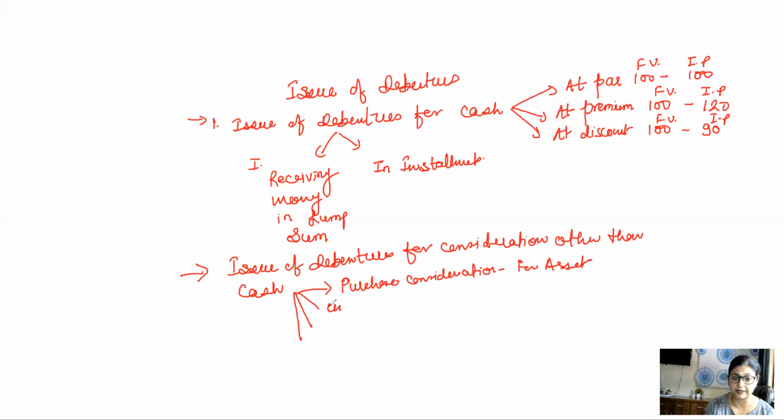It can be issued to underwriters. It can be issued to promoters for their promotional work. It can be issued when you have taken over a business. For all these things, this issue of debentures can be done where the company does not get the money. What are you getting in consideration? That is an asset or some kind of services by the people.